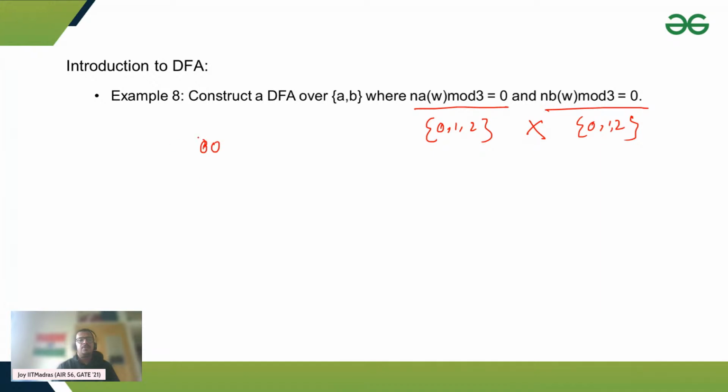So what are the 9 states? First of all, 0, 0 means the number of A is 0 and the number of B is 0. From here, if we get A, the number of A will be 1 and B is 0. If we get A again, A will be 2 and B is 0, and the same with the reverse case.